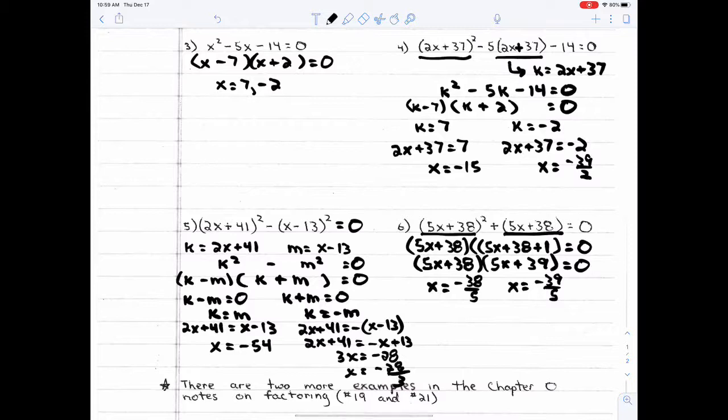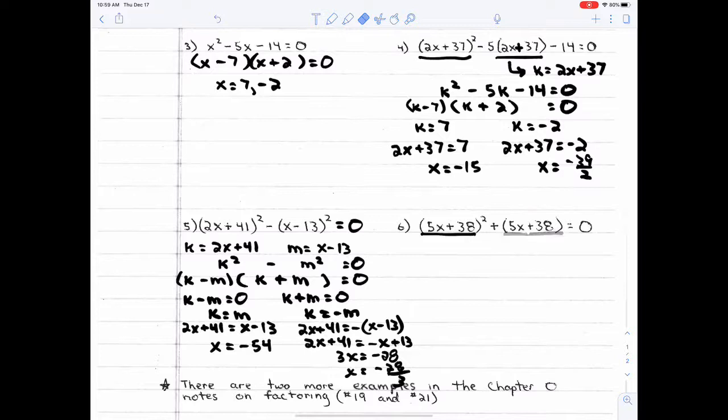All right, well, what if I do it by substitution? And again, if you need more time, you can pause the video and copy that down. What if I do it by substitution? Okay, this is the square of this. So I'm going to take this value and make it k.